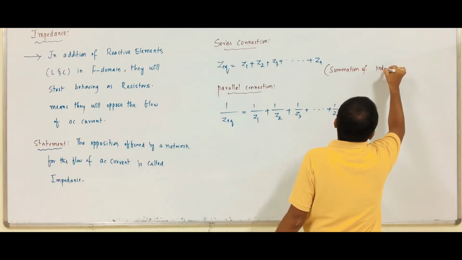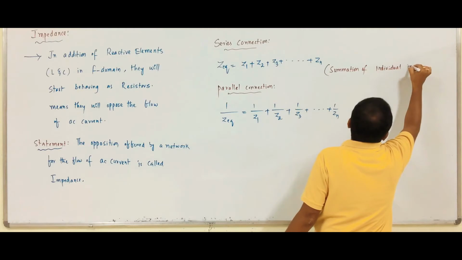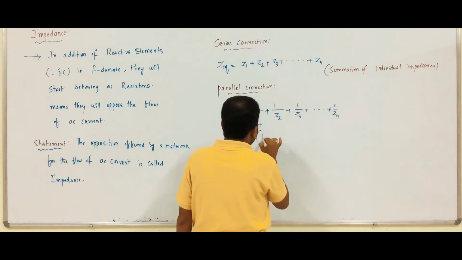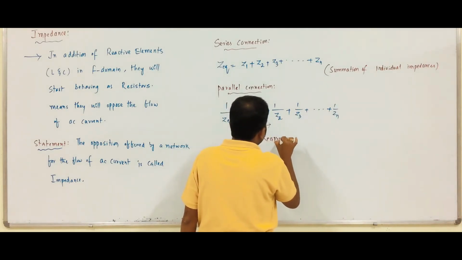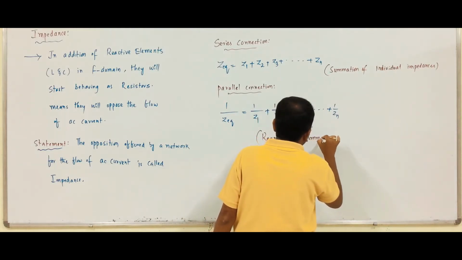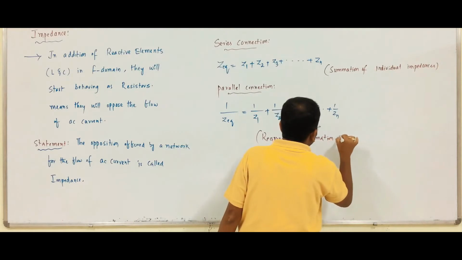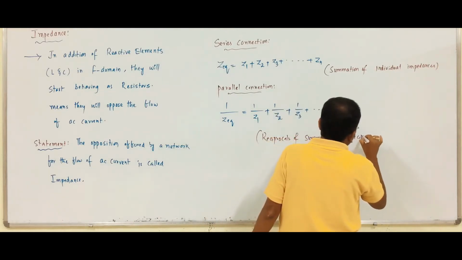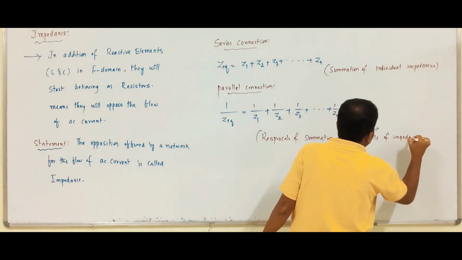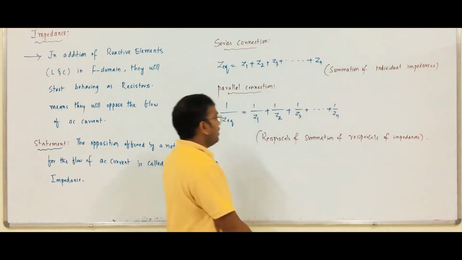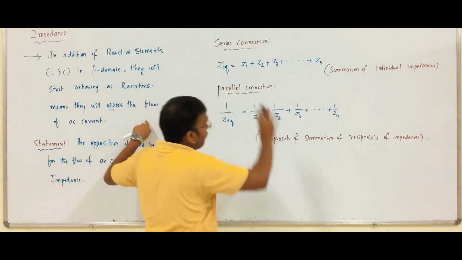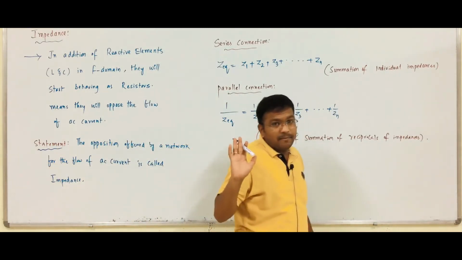Here, the reciprocals are summed, same as in the case of resistance. So, this is the definition of impedance and the representation of impedances when they are connected in series and parallel.